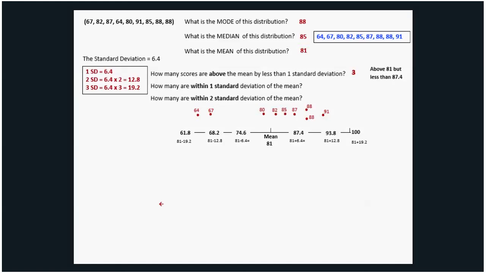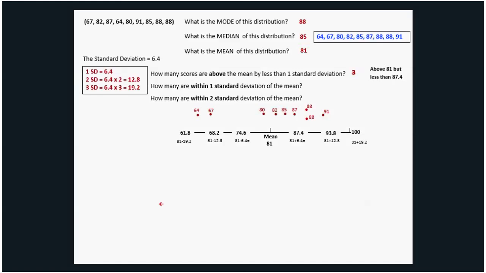What if they ask you how many are within 1 standard deviation of the mean? So we know 1 standard deviation of the mean is 6.4 above the mean and 6.4 points below the mean. So that falls between 74.6 and 87.4. That's 1 standard deviation of the mean. So how many scores are within 1 standard deviation?